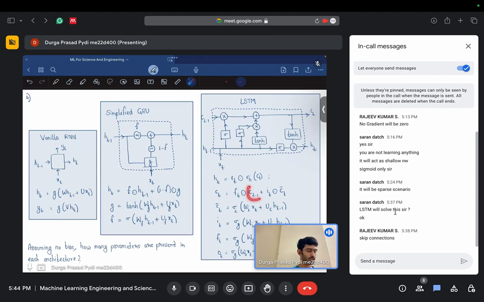Since the value is actually stored in the cell, it could be used directly. C bar again depends on xt and Ht minus 1, and Ht minus 1 will again depend on Ht minus 2, and this will keep going on. But the presence of this value will actually store a value in Ct that will not vanish.